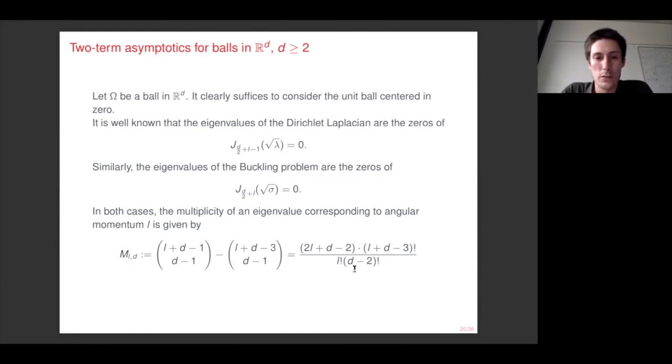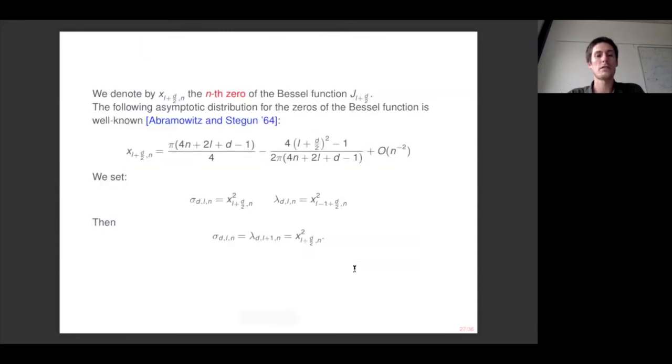Since one has to consider zeros of Bessel functions, we denote by x with this subscript the nth zero of this Bessel function. The asymptotic distribution of the nth zero of the Bessel function is known, and for example it can be found in Abramowitz and Stegun; it's this one, the asymptotic behavior in n.